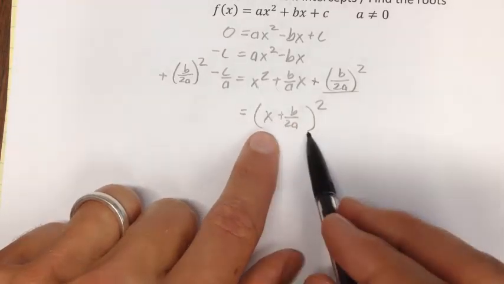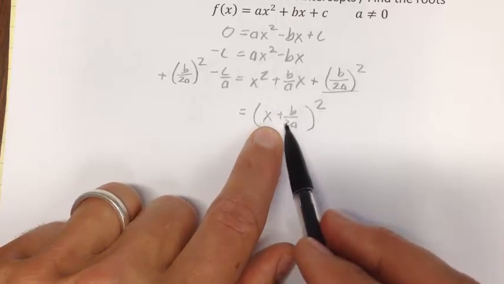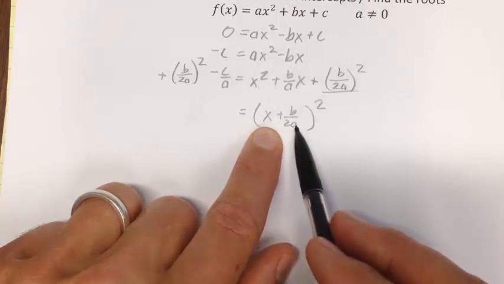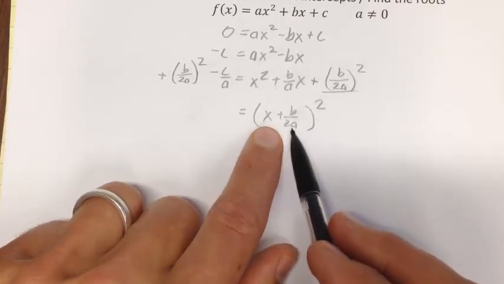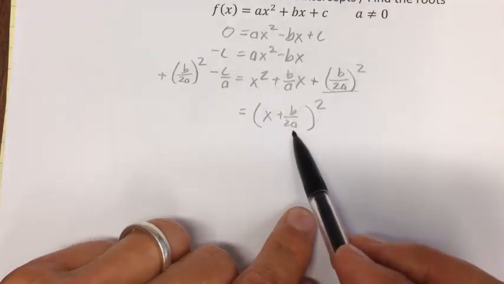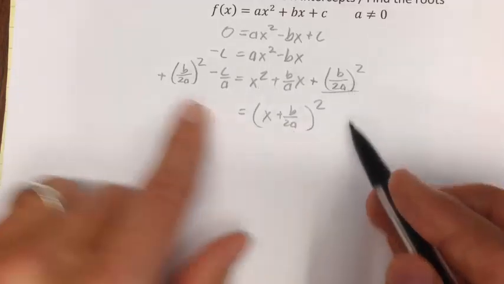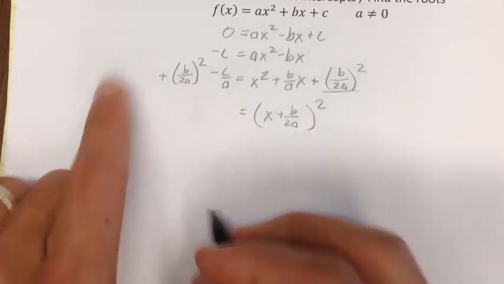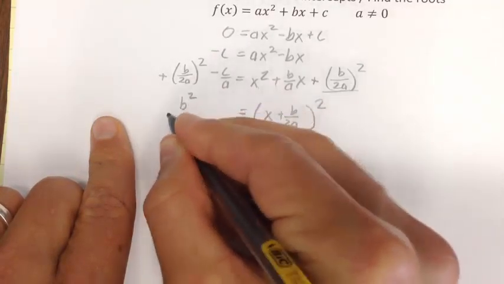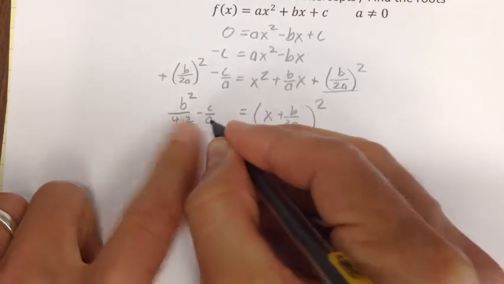If you think about multiplying this times itself, x times x gives me that. X times b over 2a plus b over 2a times x gets me 2b over 2a, reduces to b over a, x. And then, of course, this squared gives me that. How do I combine these two terms? Well, this right here is b squared over 4a squared minus c over a.